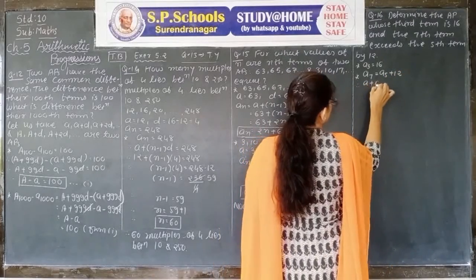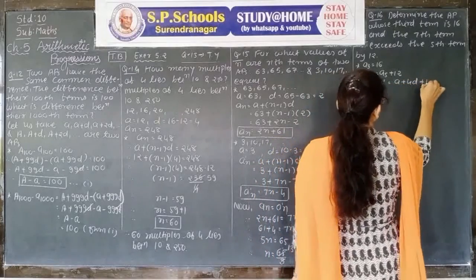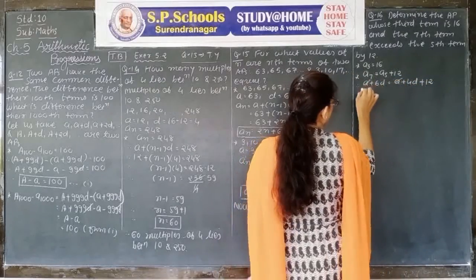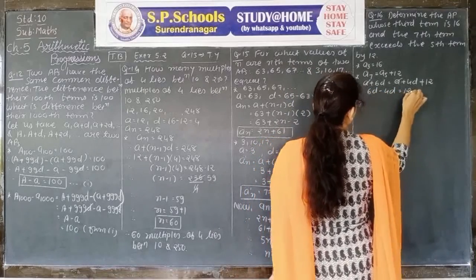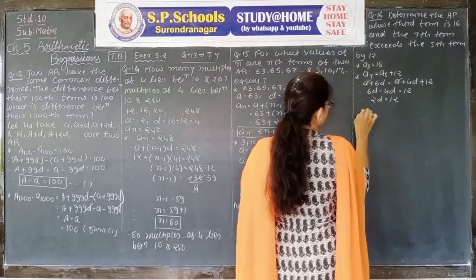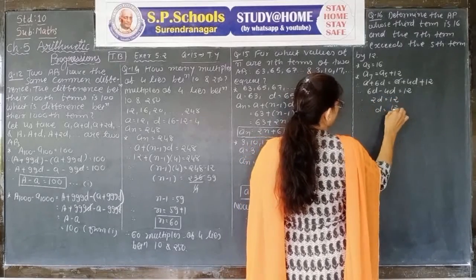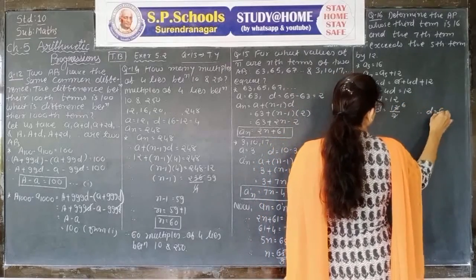A7 is A plus 6D. A5 is A plus 4D plus 12. A plus 6D minus A plus 4D is equal to 12. 6D minus 4D, 2D is equal to 12. That's why D is equal to 12 upon 2. 2 6s are 12. The value of D is 6.